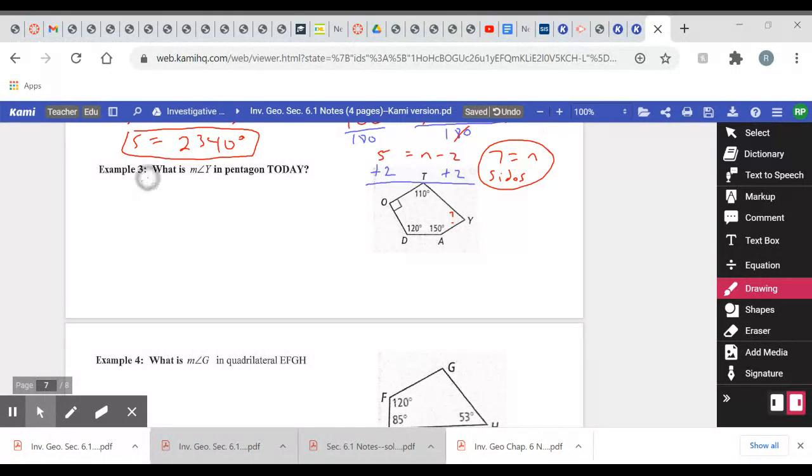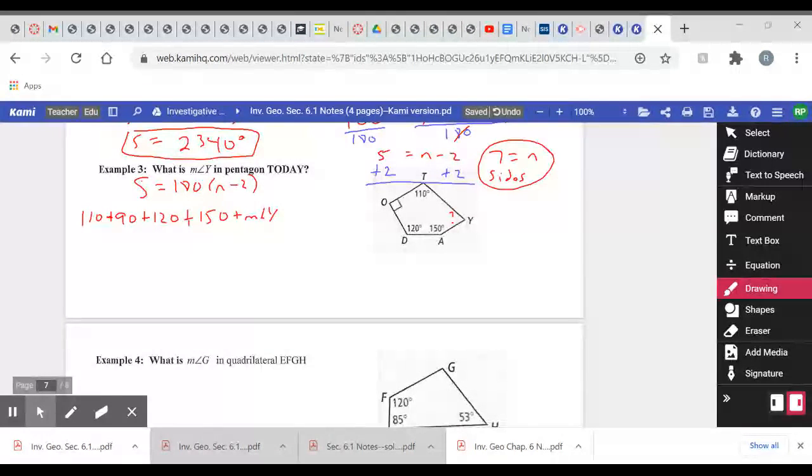So if I write down my formula, S equals 180 times n minus 2, the sum of the interior angles, I actually know some of them this time, so I'm going to add them up. I'm going to say 110 plus 90, that's what the symbol means, plus 120 plus 150 plus the measure of angle y. If you want to put an x or something in there, that's fine.